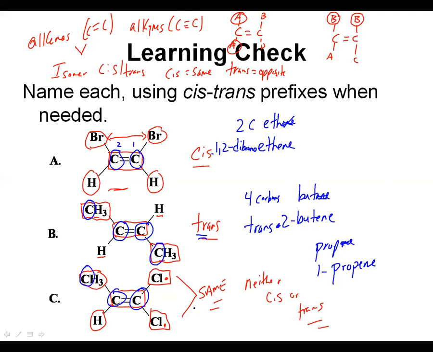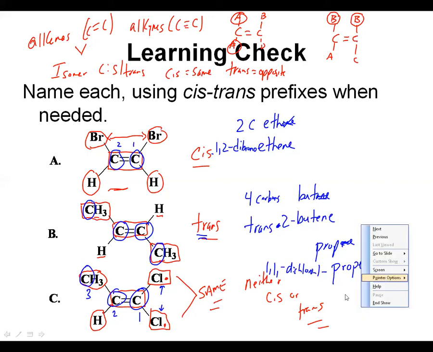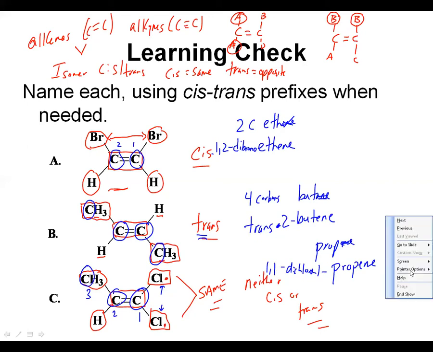And the chlorine here would be off of that first carbon going this way, and this would get us 1,1-dichloro. Oops. 1-propene. I got an extra little comma in there. Get rid of that. And so forth.